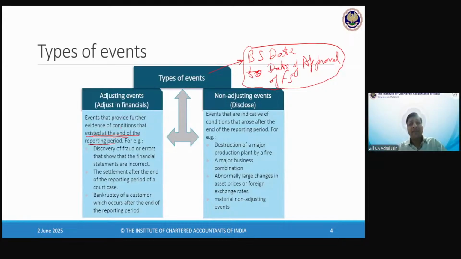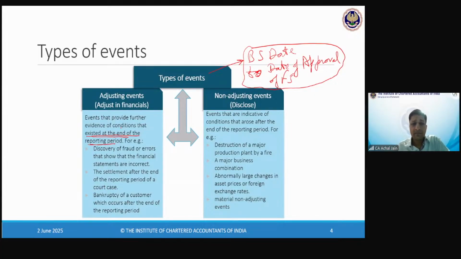So any event which takes place after the balance sheet date, but for which some conditions existed as on the balance sheet date or during the reporting year, that is what you call an adjusting event.